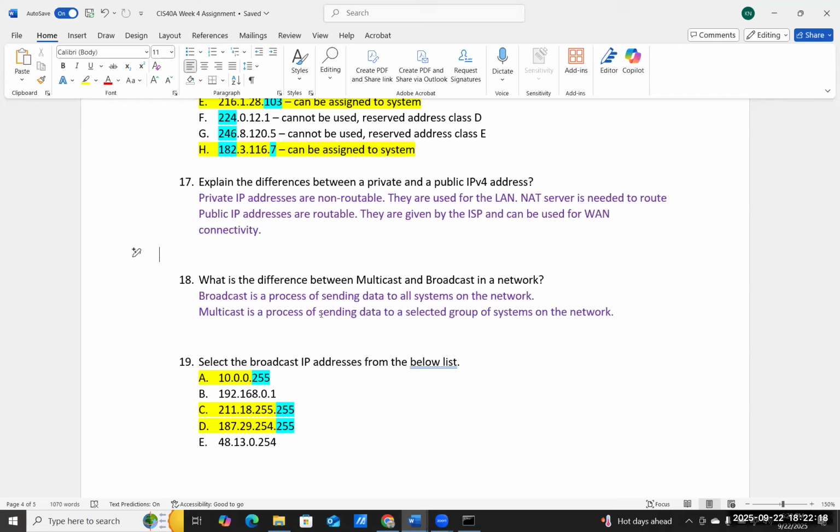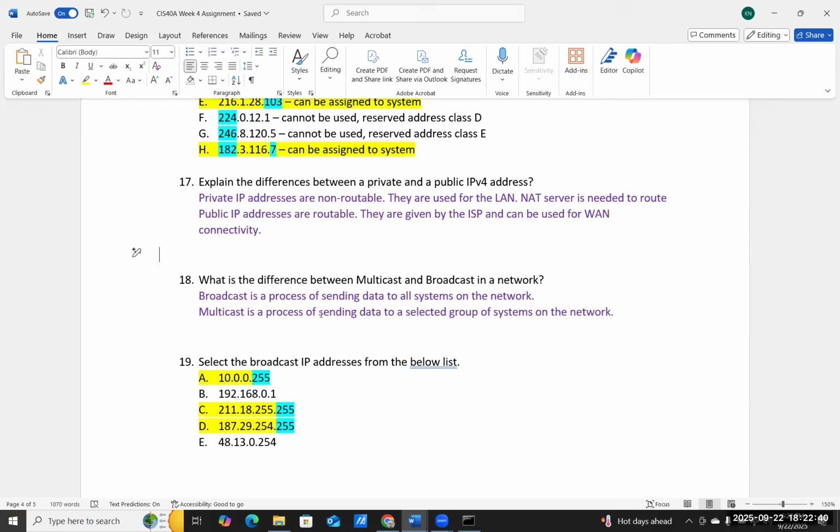So how do I know if it's a broadcast IP? Look at the last octet, and if it's a 255, we just talked about this, don't use 255 because it's for broadcast. If it ends with 255, it's a broadcast IP. Okay? So A, 10.0.0.255, that's a broadcast IP.